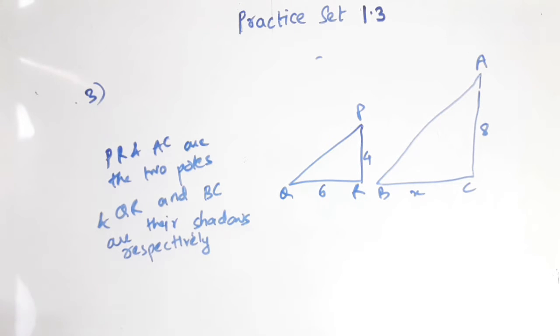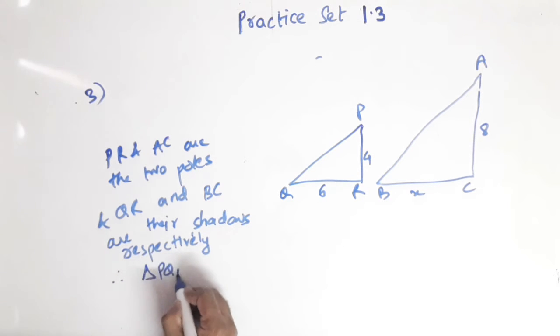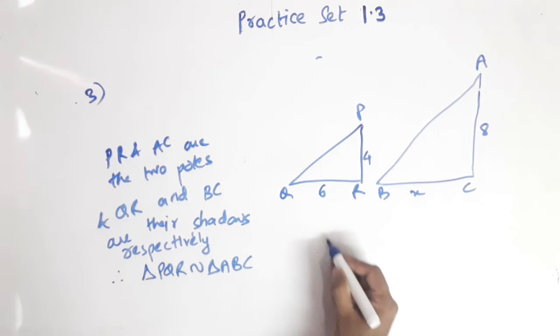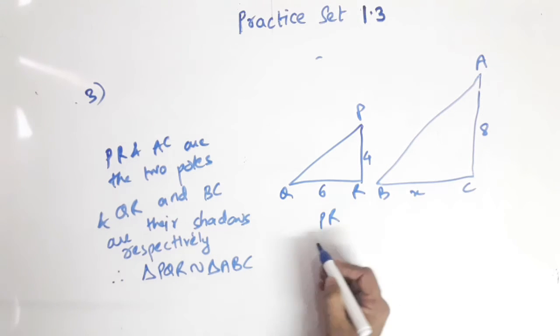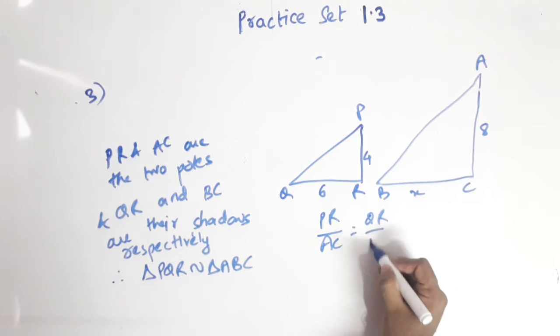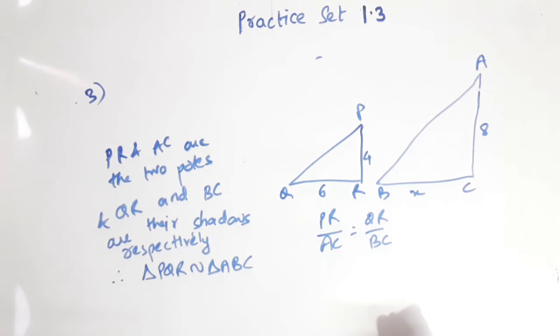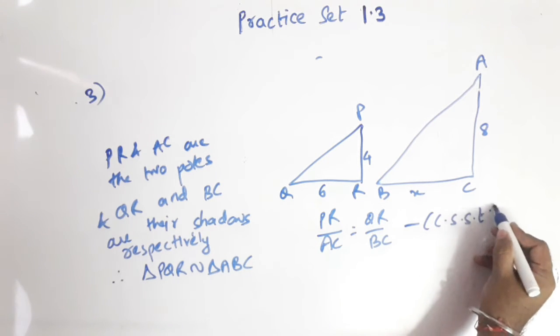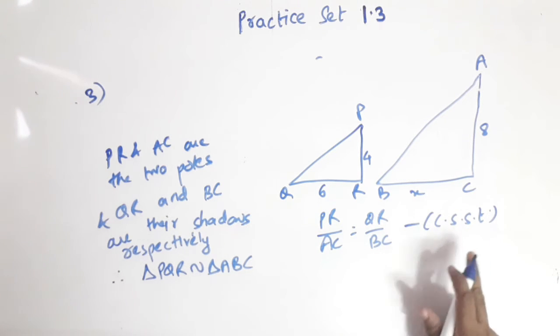Now because QR and BC are shadows, therefore triangle PQR is similar to triangle ABC because the shadows are cast at the same time. So I can write now PR upon AC equals QR upon BC. This is called CSST, corresponding sides of similar triangles.